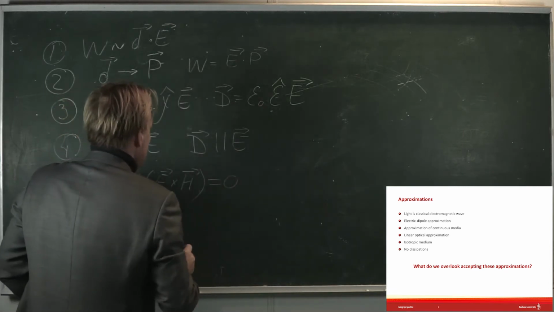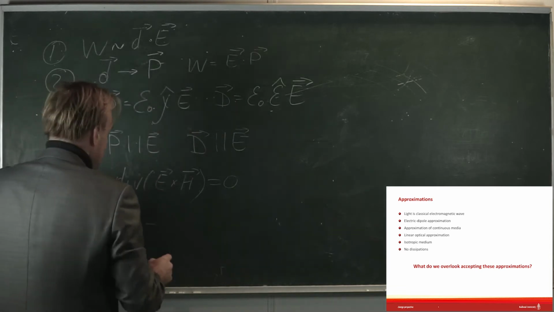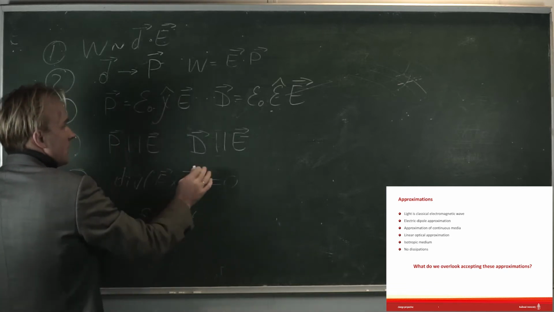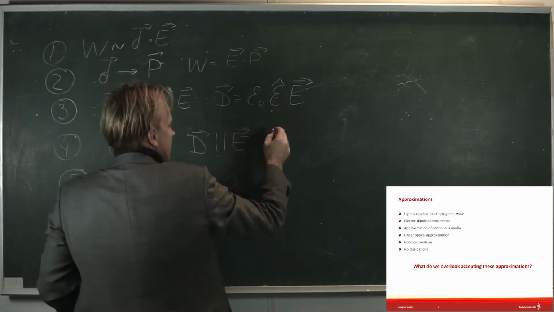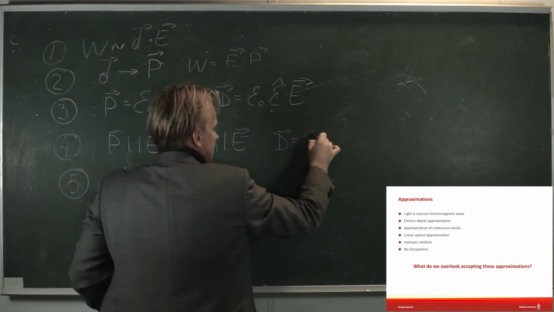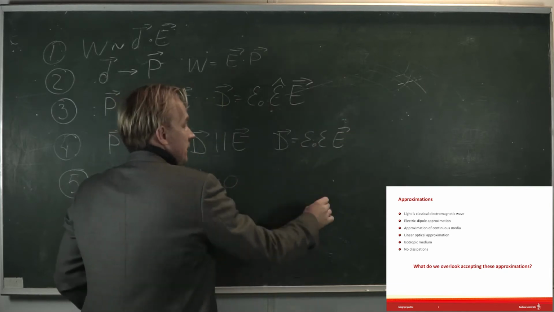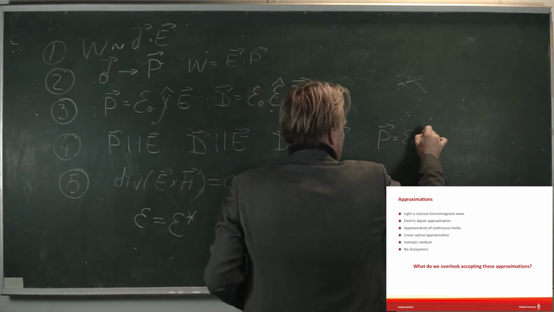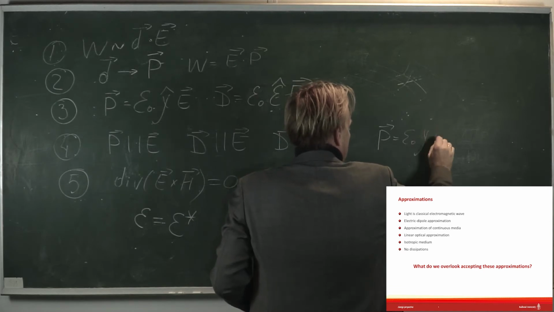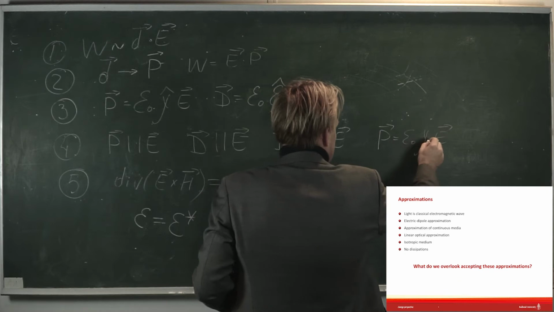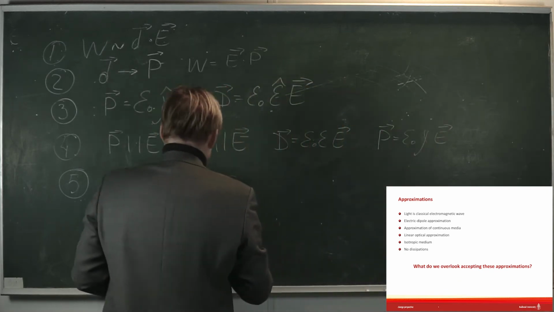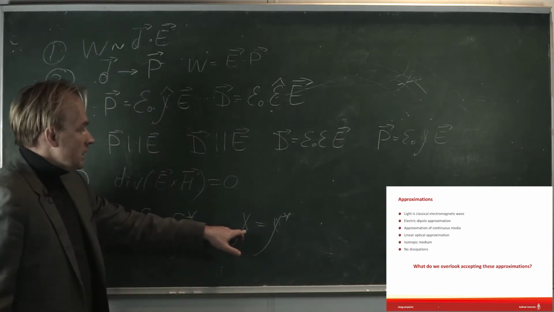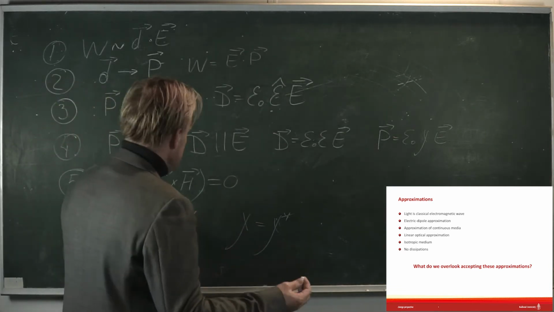And it means there is no irreversible energy transfer from light to the medium, and as a result of this approximation, we could show that epsilon, which relates the vector of electrical displacement and electric field, which for isotropic medium would be just a scalar, or chi, which relates polarization induced in a medium by the electric field of light and the electric field of light itself, then in both cases it would be a quantity which is equal to its complex conjugate. So it means it is a real number.